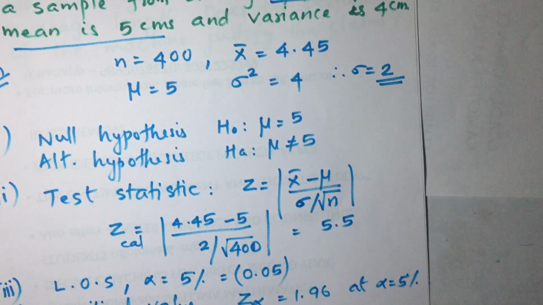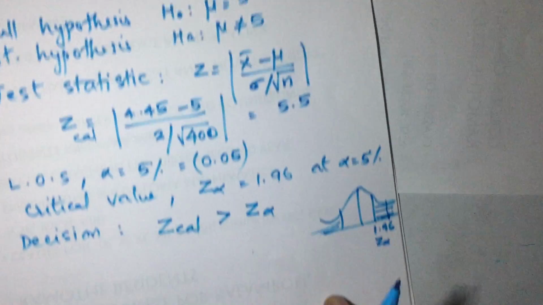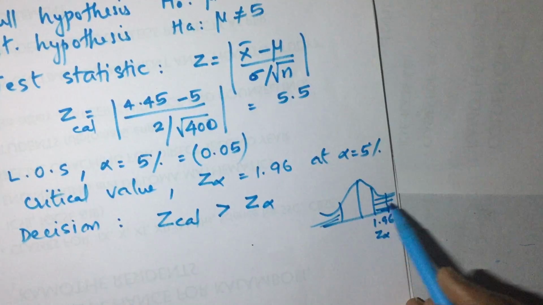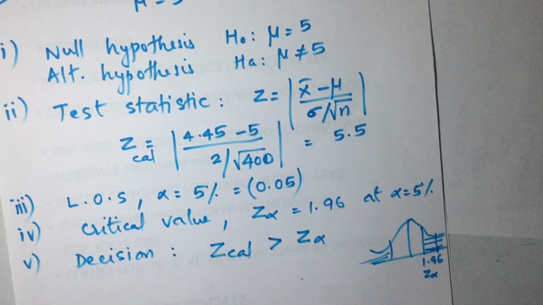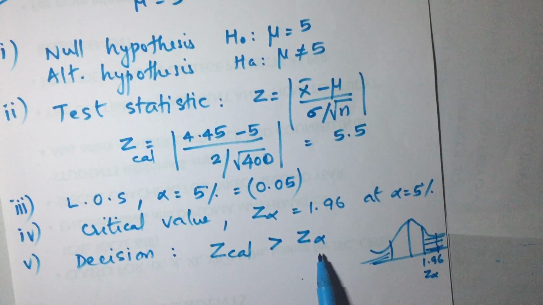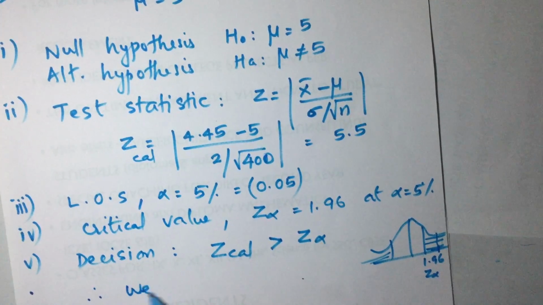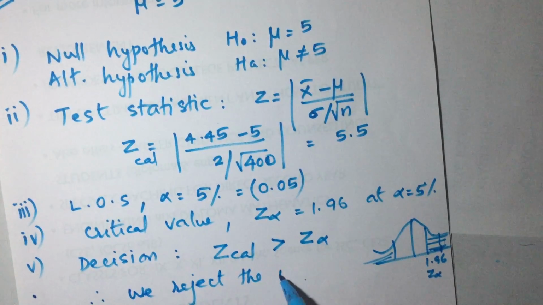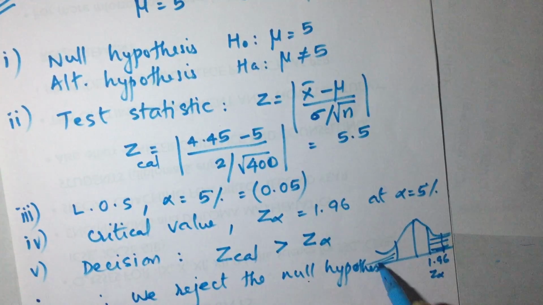After 1.96 means it comes in the critical region, so obviously we reject the null hypothesis. The calculated value is greater than the table value, therefore we reject the null hypothesis.